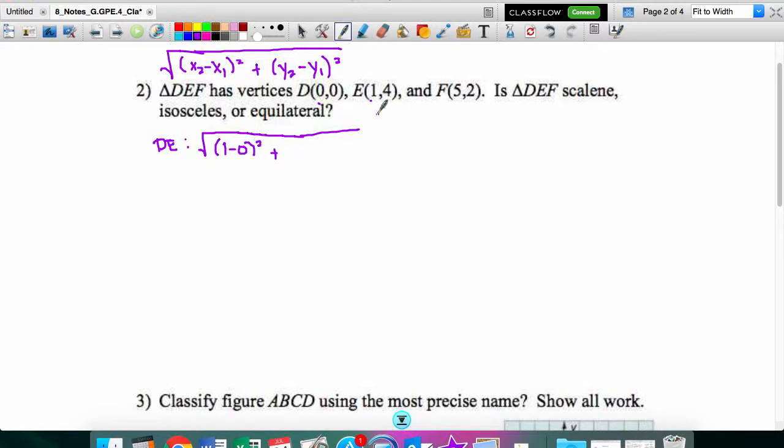Plus the difference of y's, so 4 minus 0 squared. Continuing to calculate, we have 1 plus 4 minus 0 gives us 4, squared gives us 16. And our final answer for DE is the square root of 17. Let's go ahead and find EF.